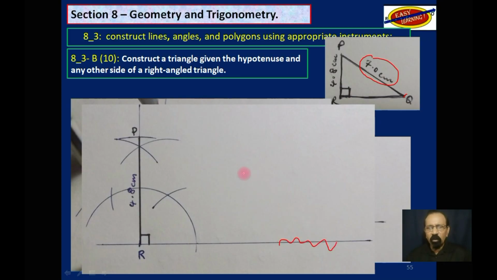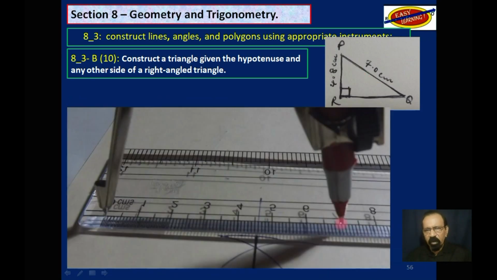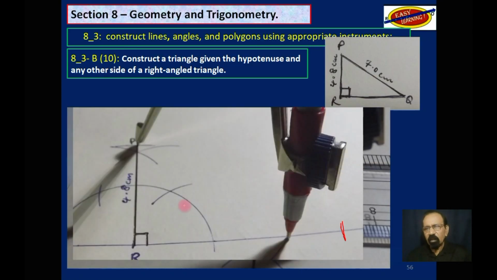So we will take our compass, measure off 7.0 centimeters, put the metal point at P and mark an arc somewhere here where 7.0 centimeters would fall. From P, we make an arc on this original construction line that we had.